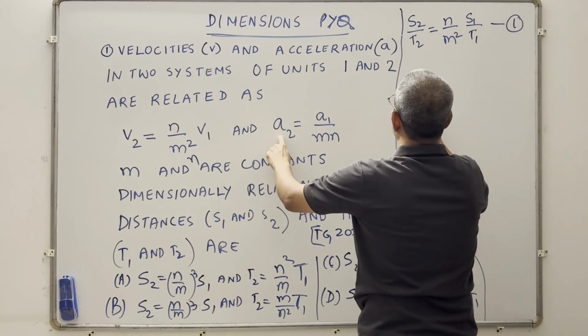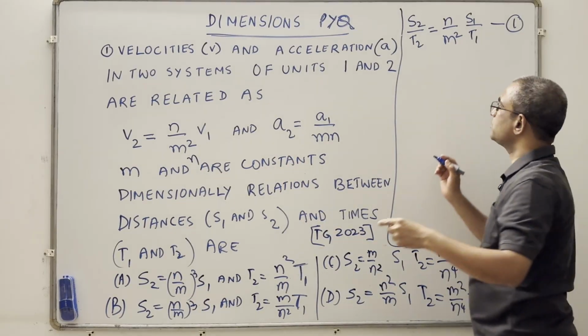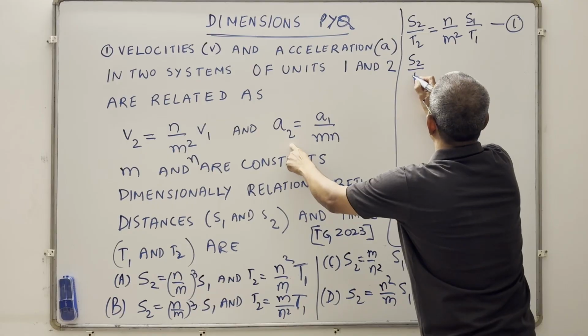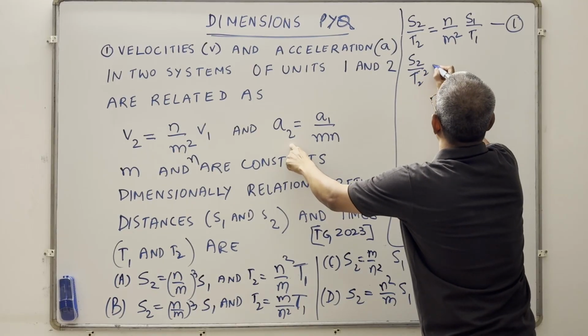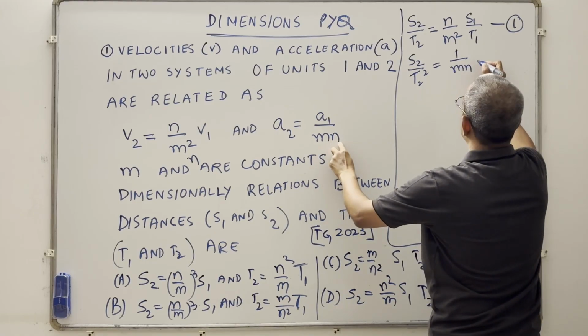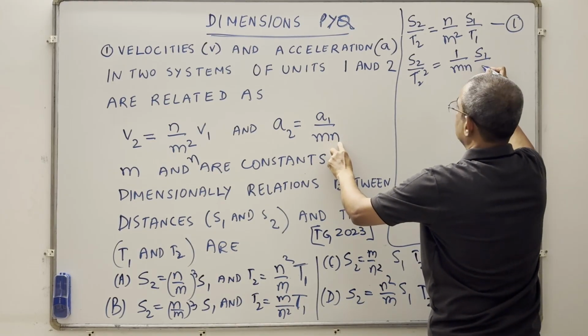And here A2, acceleration, is distance by time square. So we have S2 by T2 square is equal to 1 by mn into S1 by T1 square.